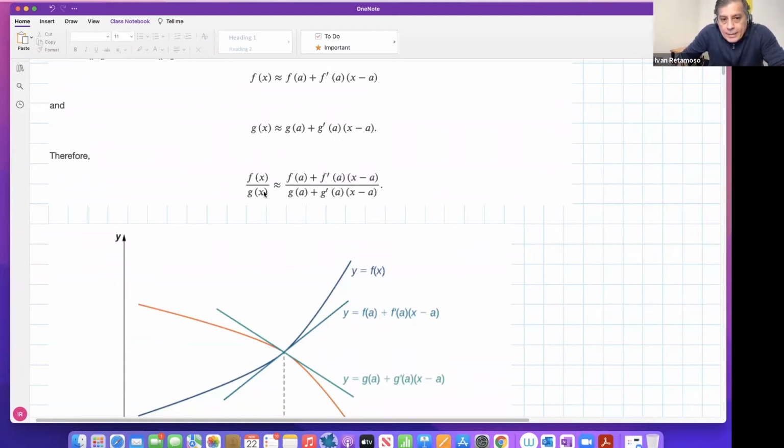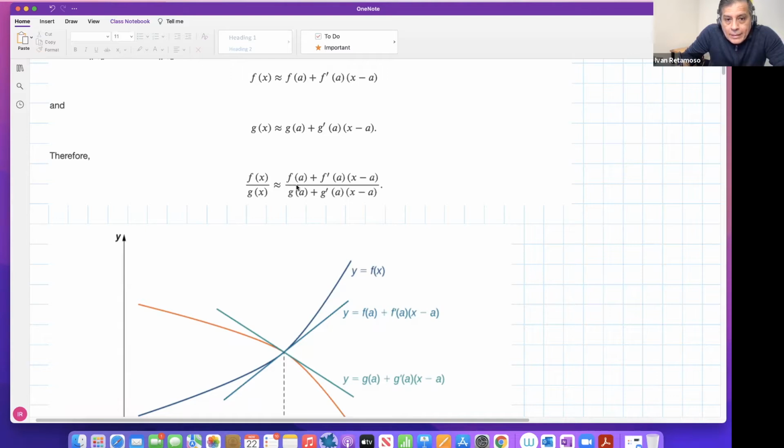All right. So now we have this quotient approximately equal to this quotient, right? Now, suppose you take the limit here as x approaches a, and you take the limit here as x approaches a on both sides. Notice since f and g are differentiable, then they are continuous at a.